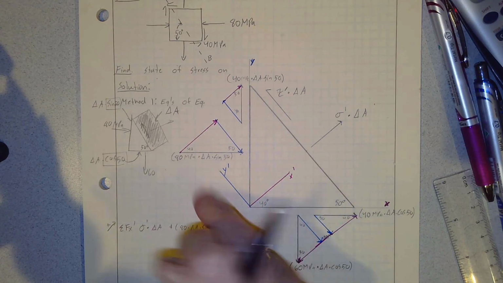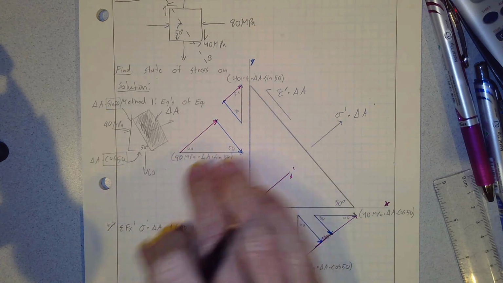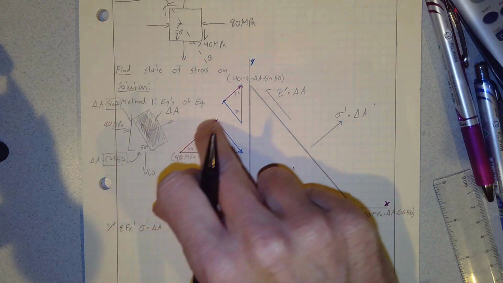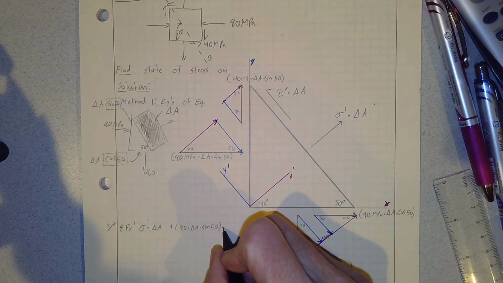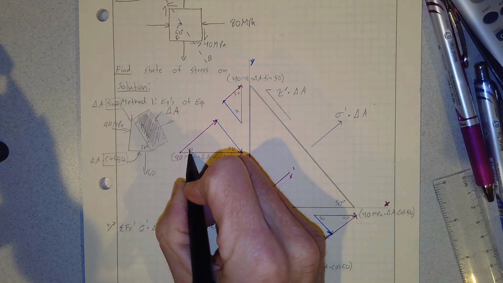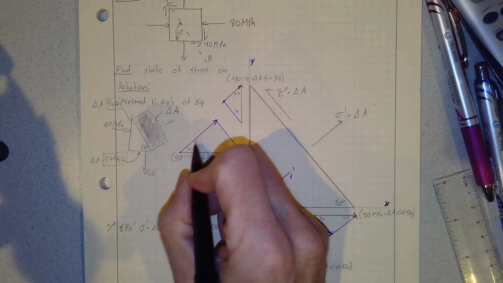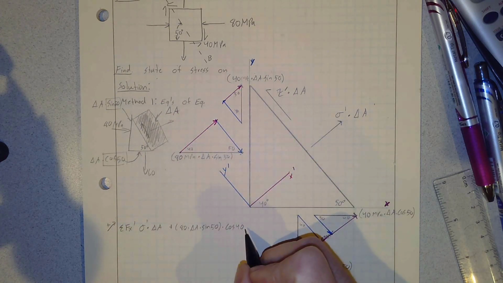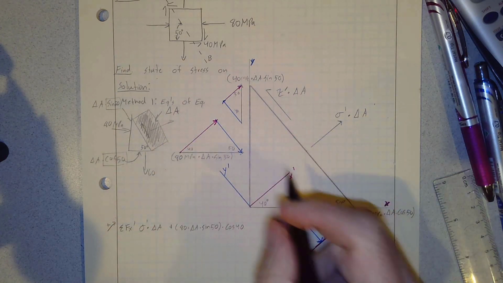So that's representing as if this whole piece was along the x prime axis, but it's not. It's really only this piece here. So then I need to multiply it times cosine of 40 degrees, because that's a 40-degree angle. That's my adjacent, so I'm using cosine, adjacent, so cosine of 40. So that represents that one.